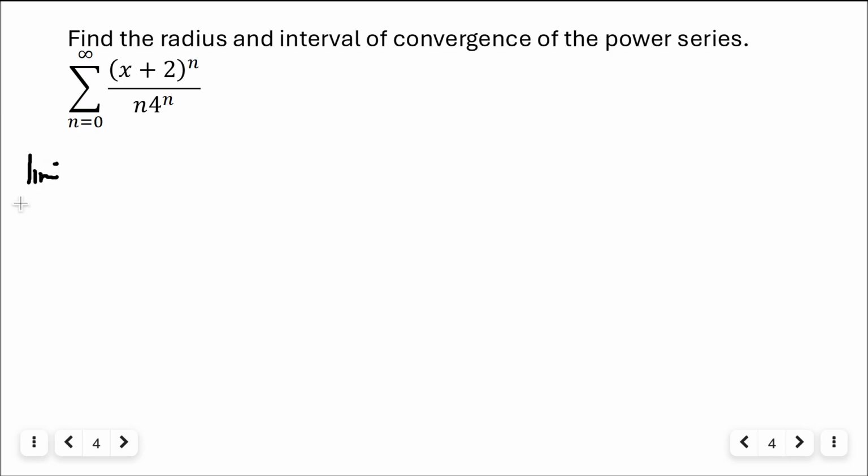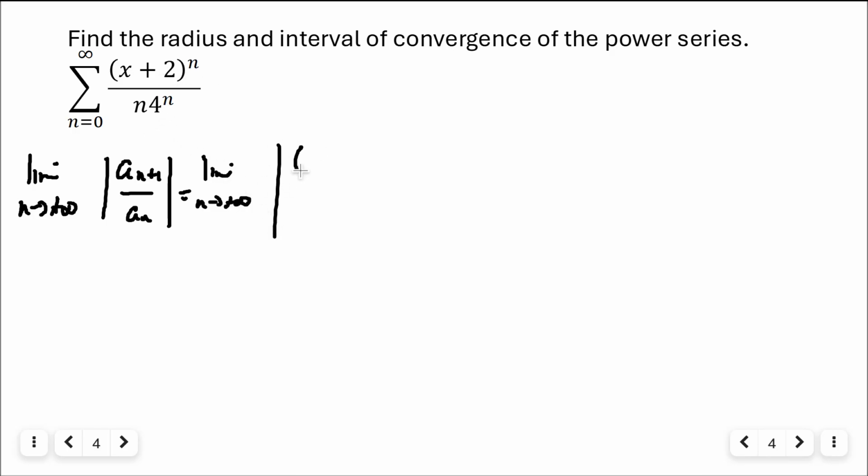So the ratio test says I take the limit as n approaches infinity of a sub n plus 1 over a sub n. Notice that it's a sub n plus 1 and a sub n, not x. So when I replace my n plus 1s in, they're going in for n's, not for x's.